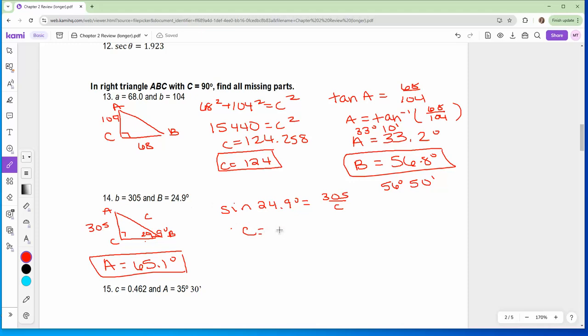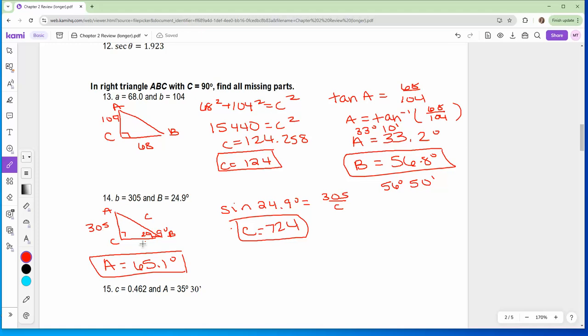If we match significant digits, there were 3 in the problem, so that would make it 724. If you didn't, it would be like 724.4039. And then you have options for side A. You could do Pythagorean theorem or another trig function. Either way, I did a trig function from here.